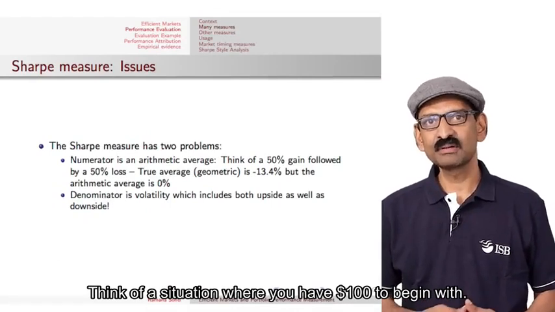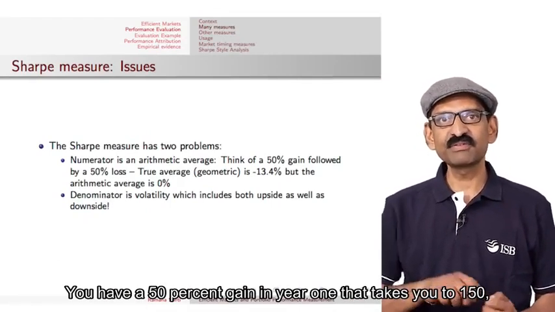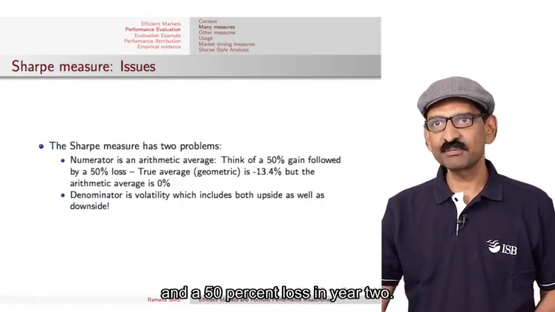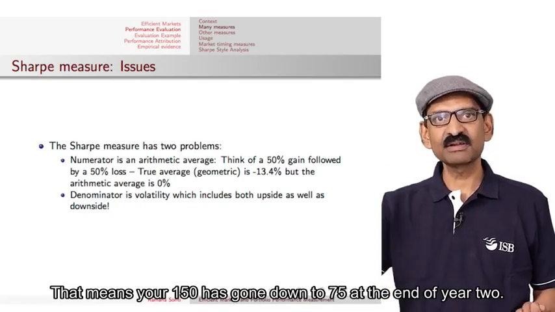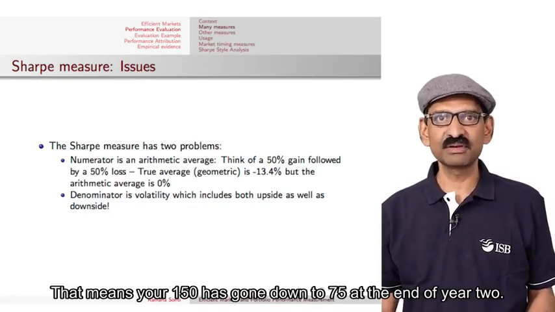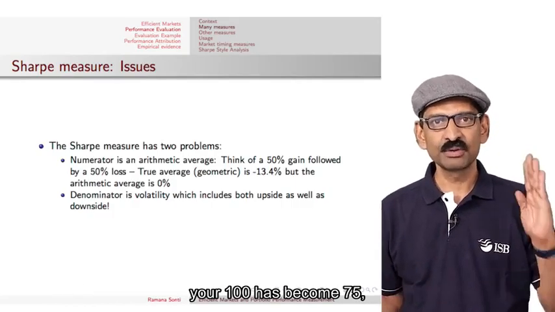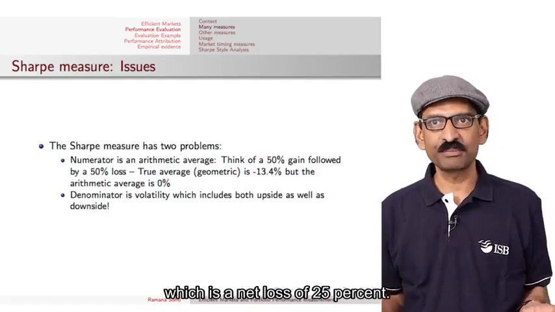Think of a situation where you have $100 to begin with, you have a 50% gain in year 1, that takes you to 150, and a 50% loss in year 2. That means your 150 has gone down to 75 at the end of year 2, which means over the 2 years what has happened is your 100 has become 75, which is a net loss of 25%.